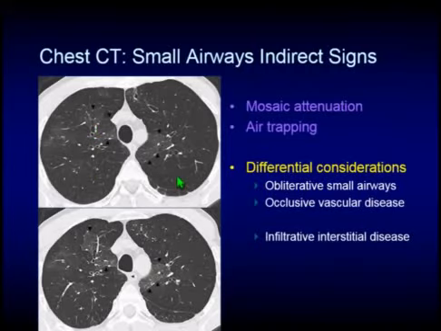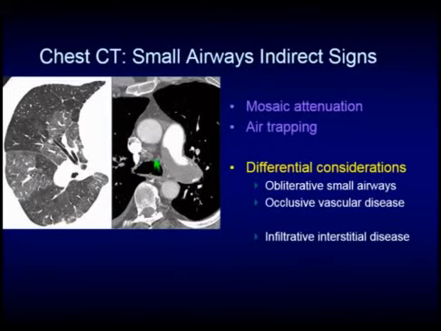But notice how the black lung almost has no vasculature, or the vessels that we see are very attenuated. And so we're really focusing on these two processes. When you do the expiration, that gradient becomes really pronounced. So rather than thinking of vascular causes, you steer yourself to a small airways or air trapping process.